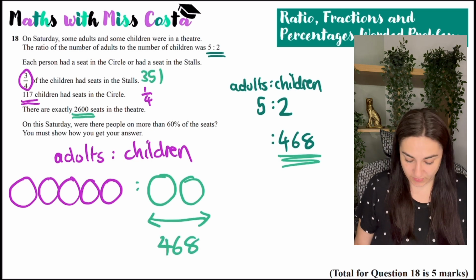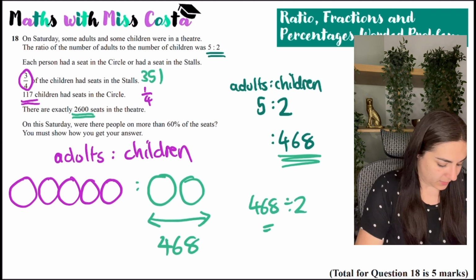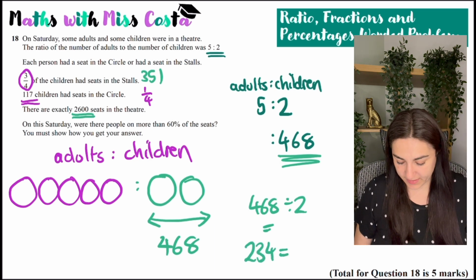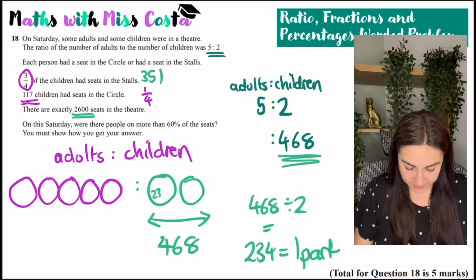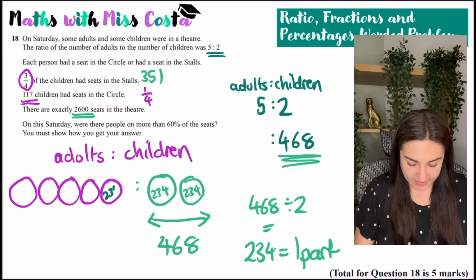So what I can do is do 468 divided by 2 to figure out what 1 part is. So 234 is 1 part of my ratio. So that's 234. And that means that each part over here is also going to be 234.